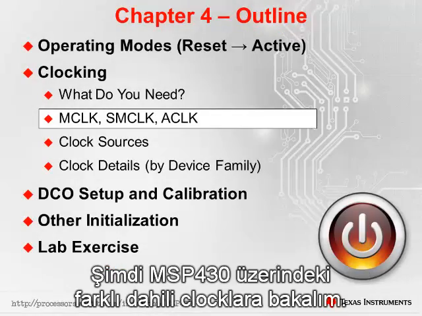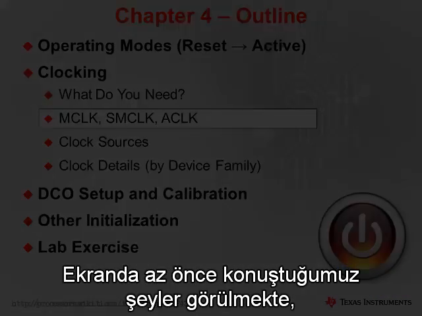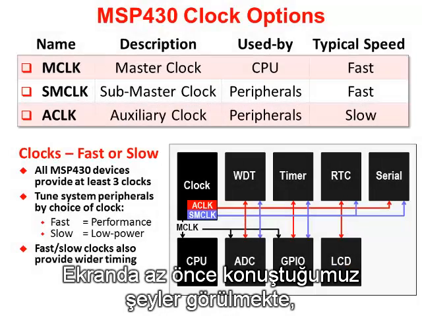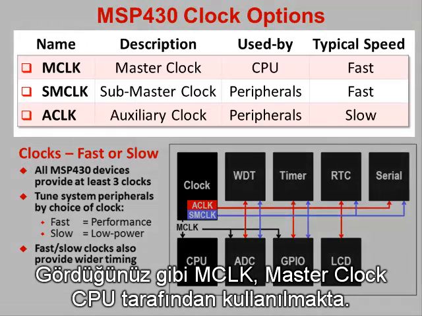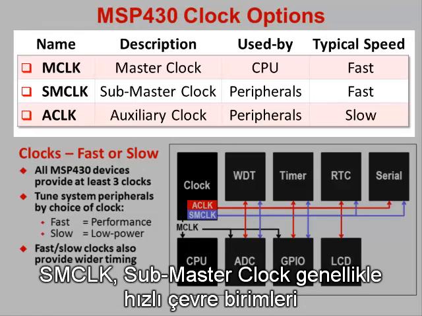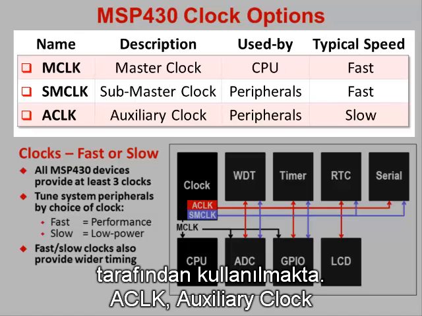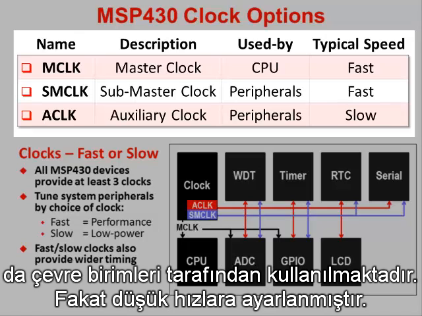Let's look at the different internal clocks of the msp430. This slide reviews what we were talking about earlier. You can see M clock, the master clock, is used by the CPU. SM clock, the submaster clock, is used by the peripherals and is usually set at a fast speed. A clock, the auxiliary clock, is also used by the peripherals and usually set at a slow speed.